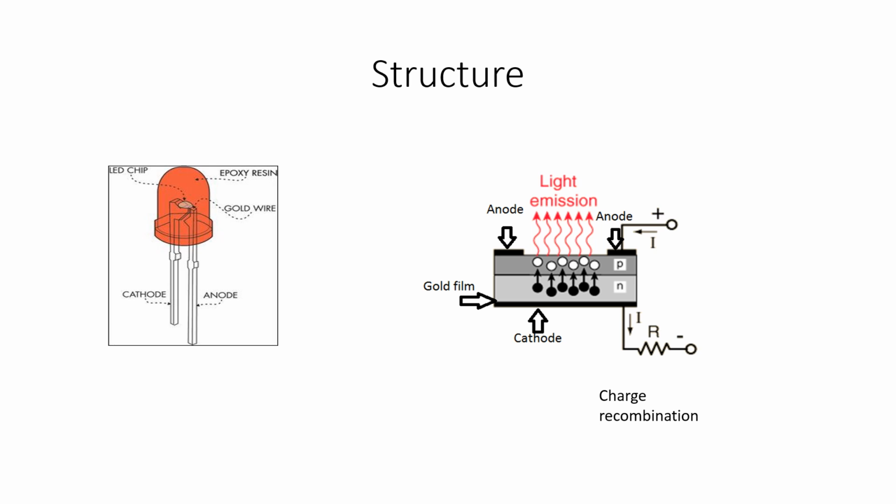It will be coated with the gold film so that it will reflect the photons and not allow the photons to escape at the bottom side. It allows more and more photons to the uppermost part, that is from the P layer, emitted in the form of light. So this is the structure of the LED.